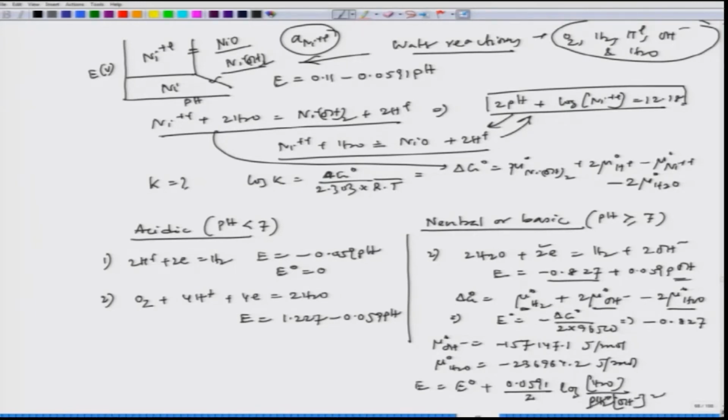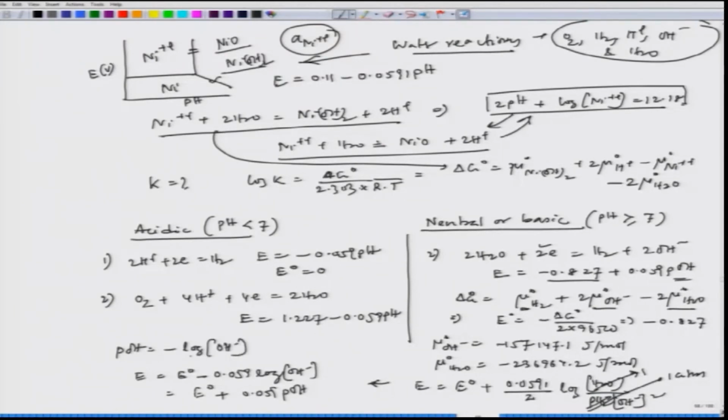So, this is maintained at 1 atmosphere. The pressure of hydrogen gas is 1 atmosphere. This is 1, it is a pure substance, and so it becomes E equal to E0 plus 0.0591 minus log of OH minus, this is nothing but E0 plus 0.0591 pOH, where pOH equal to minus log of OH minus ion.